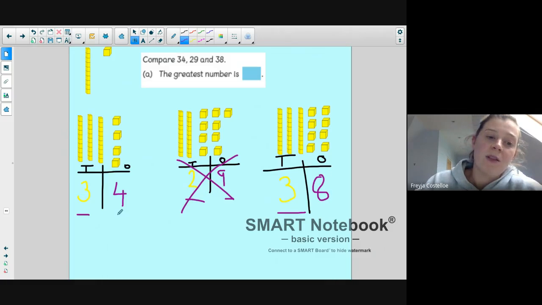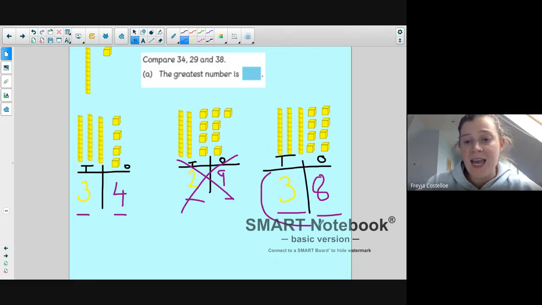So let's look at my ones. I've got 4 here and 8 here. Which of those numbers is greater? You can even look at the Deans to help you. Look at the number of ones I've got here and look at the number of ones I've got here. Which shows me more? It's this one, isn't it? I've got 8. 8 ones is more than 4 ones.